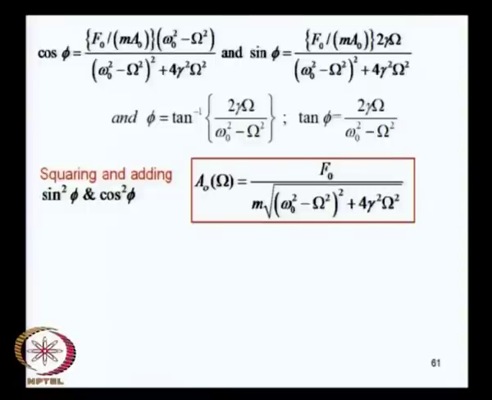You can also do a squaring and adding because that allows you to determine what this A0 is, because cos square phi plus sin square phi is always equal to unity, and you take advantage of that, and then phi gets eliminated and you get an expression for A0, and notice that this amplitude will depend on the frequency of the driving force.